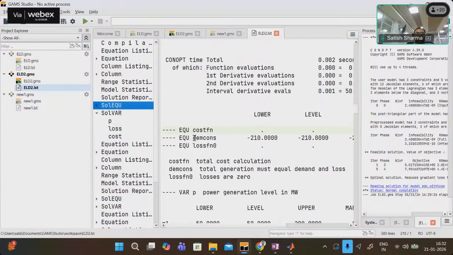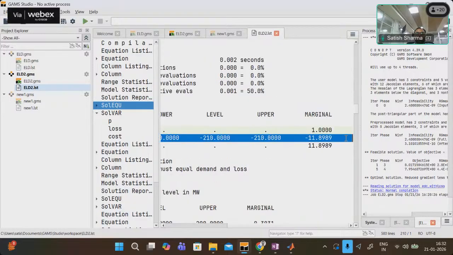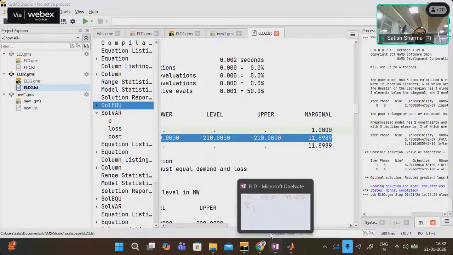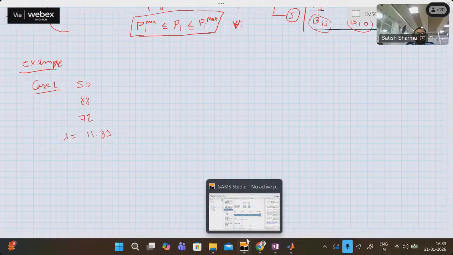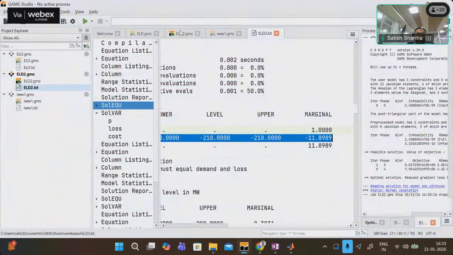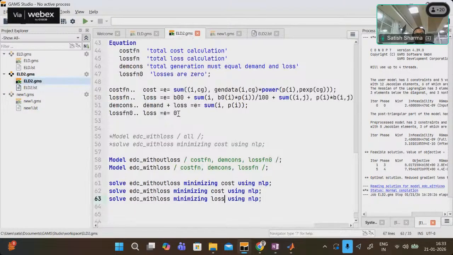So I will go to the equation, and this is my power balance equation. You can see the marginal value is 11.9, I can say. So I will put lambda as basically 11.89.